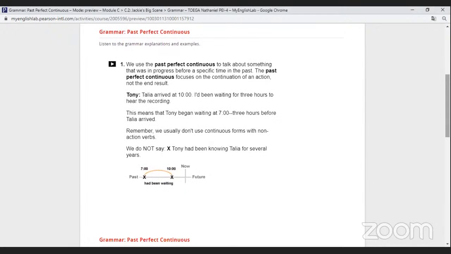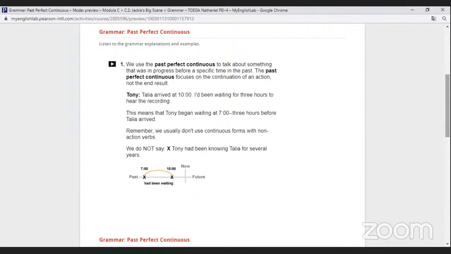We're gonna read a little about the concept that says we use the past perfect continuous to talk about something that was in progress before a specific time in the past. The past perfect continuous focuses on the continuation of an action, not the end result. For example: Talia arrived at 10.